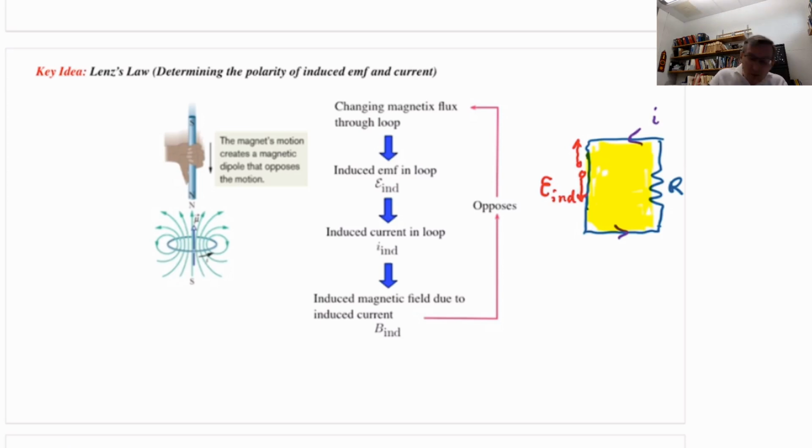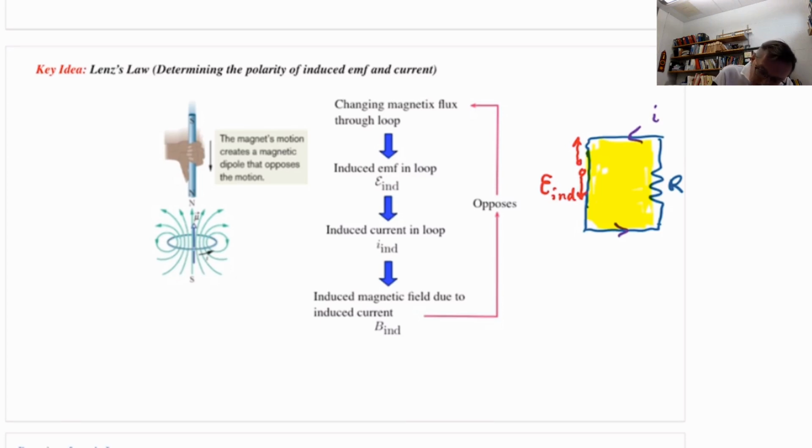All right, what we have here in the drawing on the left is an actual physical conducting loop. Somebody has made a circular wire loop, but it has no traditional source of EMF in it, in the loop.